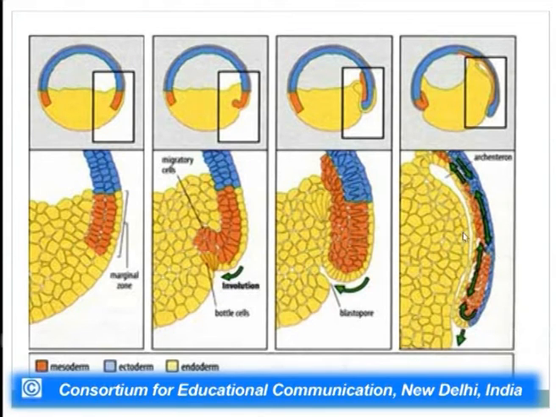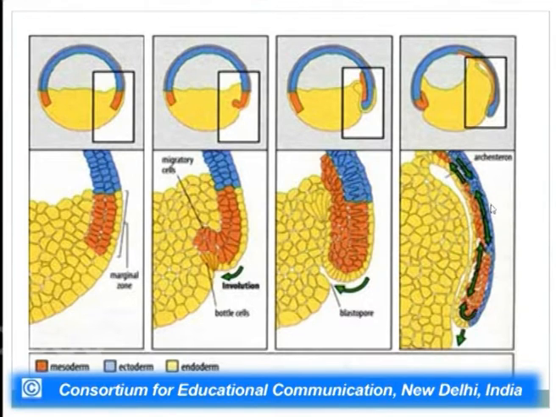This is then how, at the end of mid gastrulation, the archenteron cavity is formed, lined by the yellow cells, and the arrows show the movement. The marginal zone cells started moving from here and have now grown inside and gone up here.